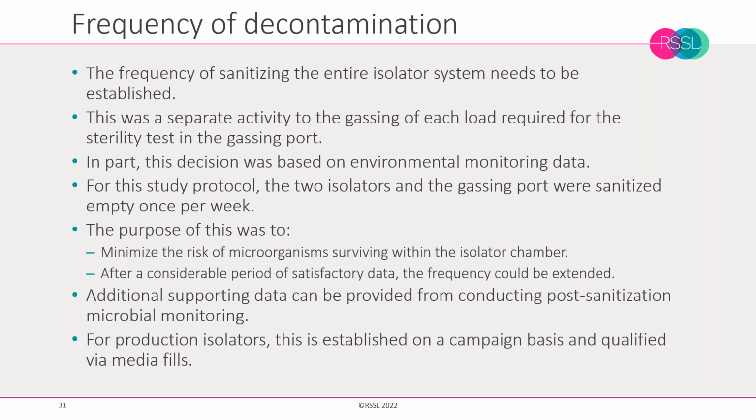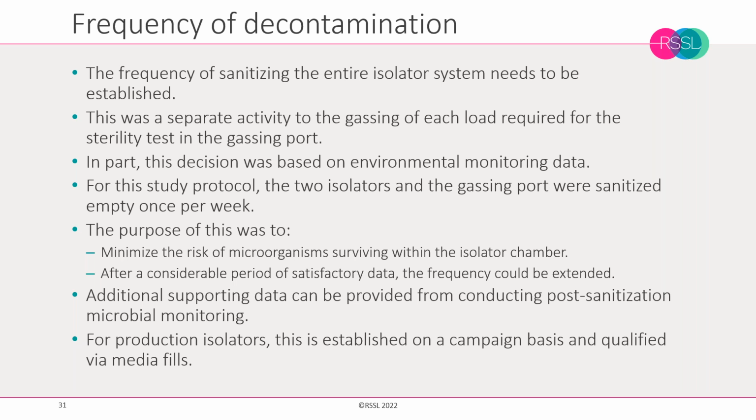We also need to look at all of the environmental parameters and the environmental monitoring data, and to see how that is trending, and that can also be influential. So if we're getting slight drops in pressure, or we're getting occasional microbial recoveries, which is something that tends to be pretty unusual within an isolator.